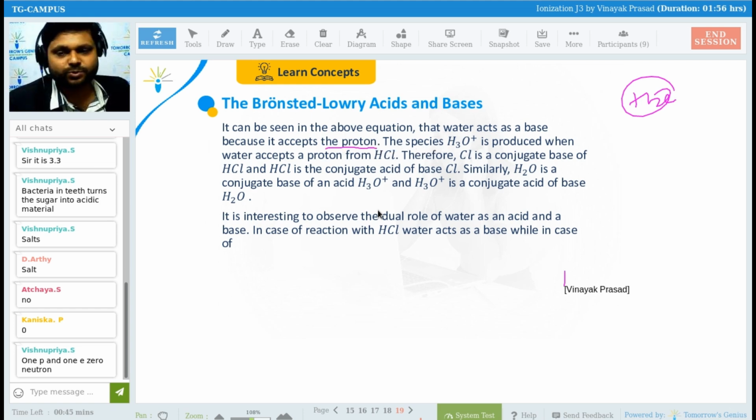Earlier it was H2O, now it is accepting one proton. So the species H3O plus is produced when water accepts a proton from HCl. Therefore, Cl minus is the conjugate base of HCl, and HCl is the conjugate acid of the base Cl minus.